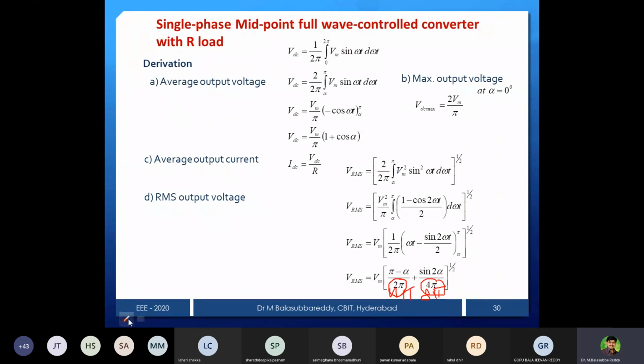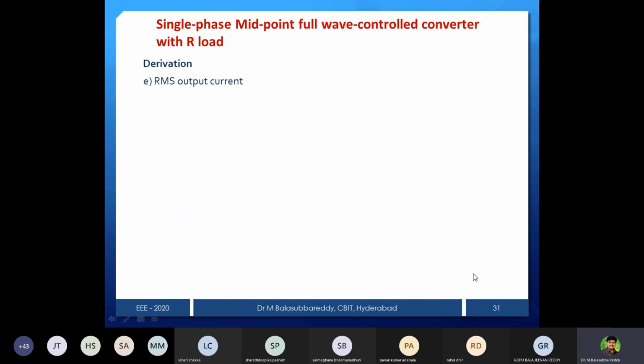Now all the remaining derivations, PDC, PAC, form factor, utilization factor, power factor, everything uses the same formulas. The only different expressions are this one, the voltage VDC, and this one, VRMS. The remaining are the usual formulas.